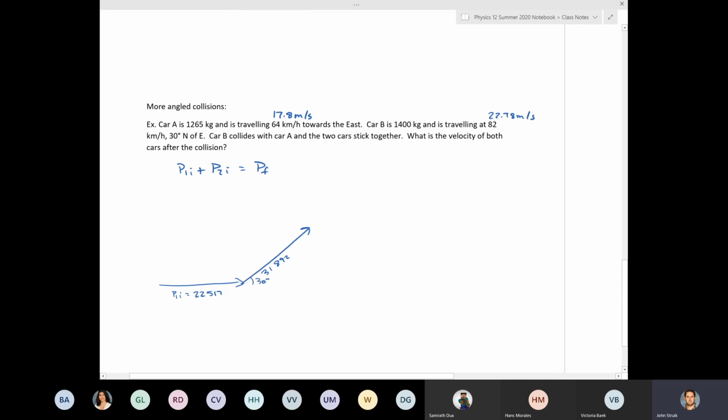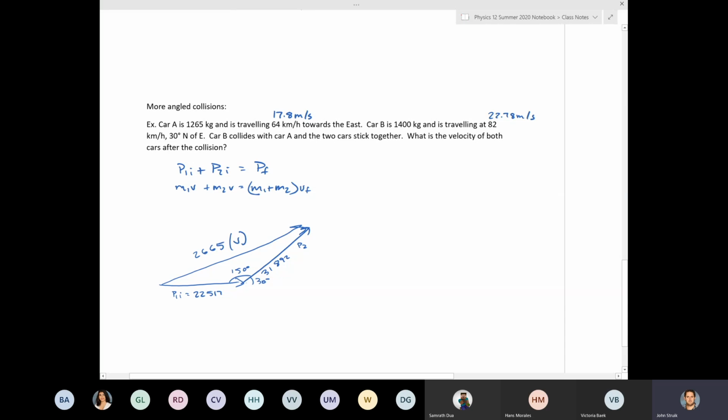Now, this is P1 plus P2, and it equals PF. Keep in mind that this is M1V plus M2V equals M1 plus M2 times the final velocity. So this line that I have here, and this angle here is 150 degrees, is going to be 2665 times V, because it's both masses together.